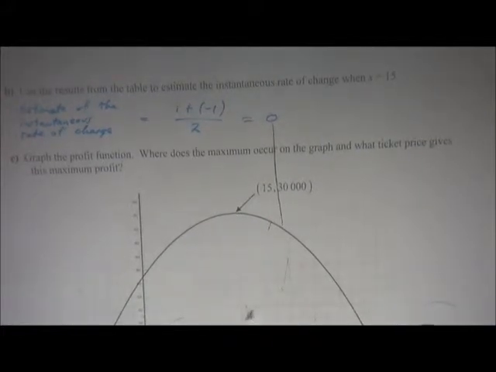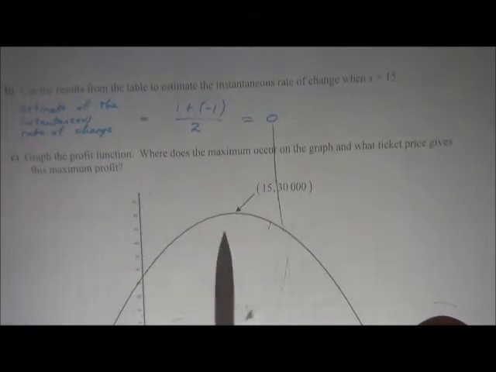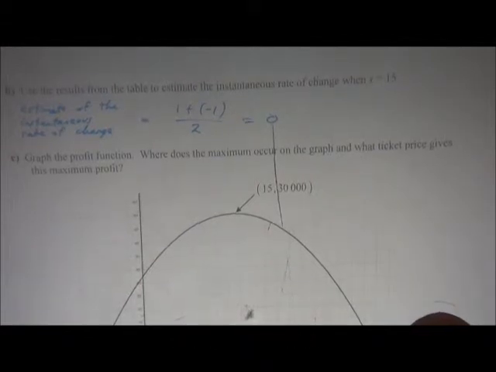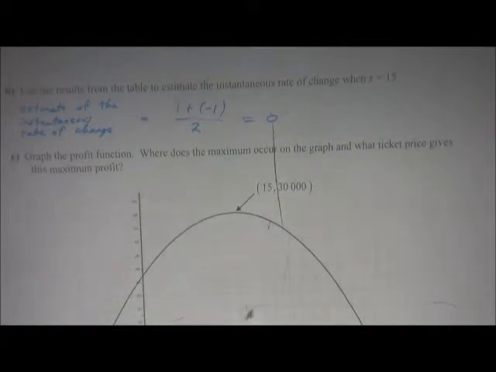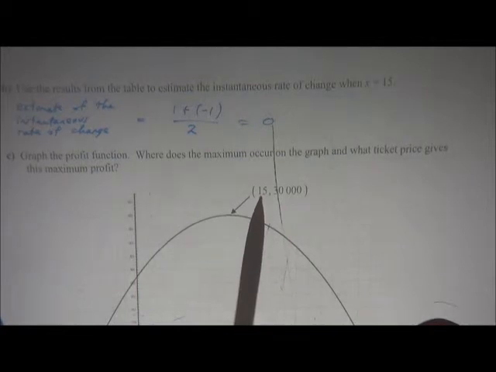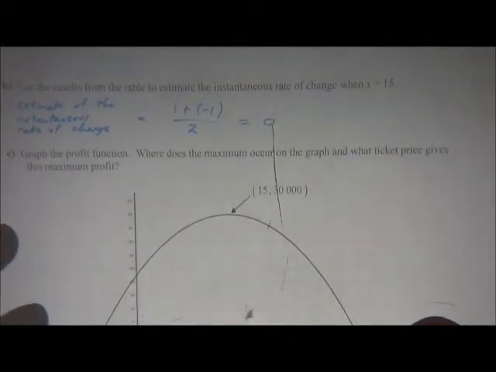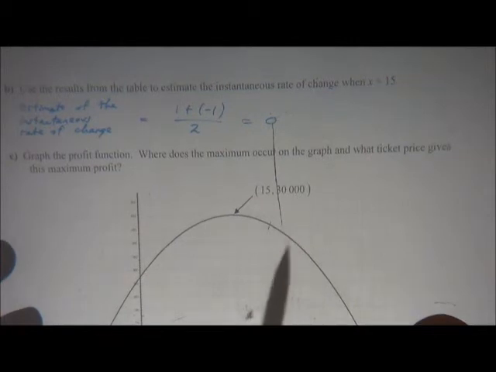So if you had to draw the parabola, it should look like that, and then 15 looks like the midpoint of the zeros, which would be the axis of the curve. And then if we take that $15 and substitute it into the formula, then we would get 30,000 there.